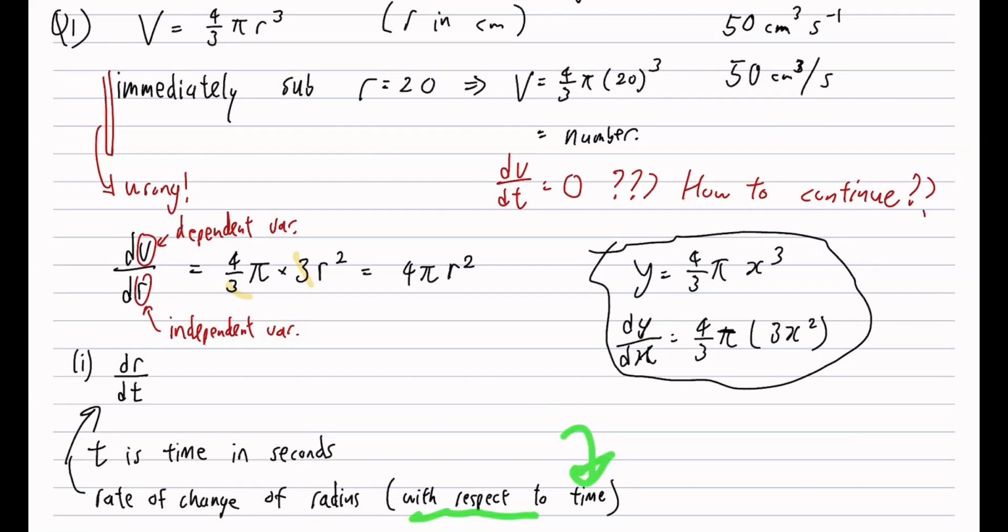If it is not mentioned, by default, you're supposed to know that it is referring to time. So the denominator in this fraction is going to be a t. Clear so far? Yep. It's a convention in math questions. You have to put down time.